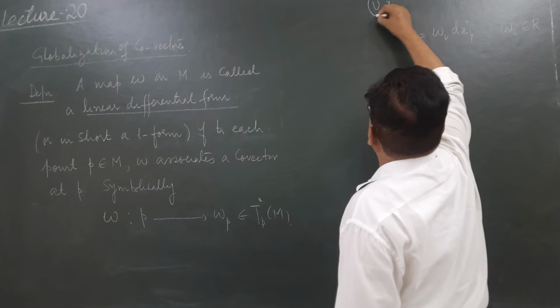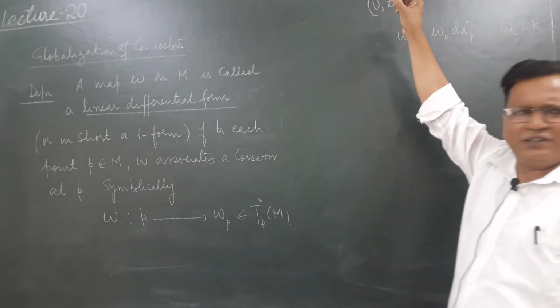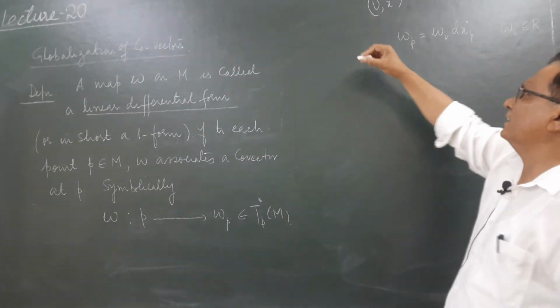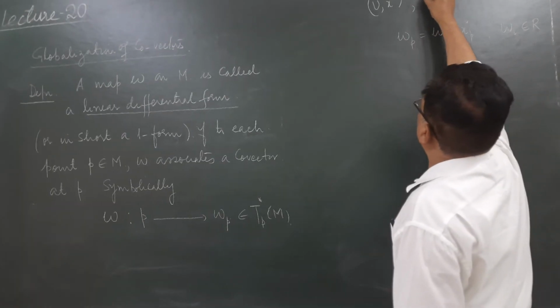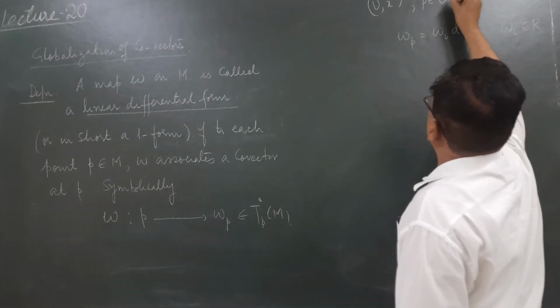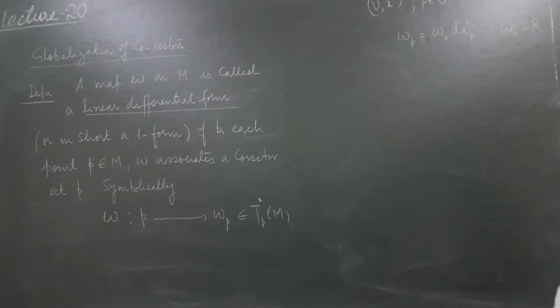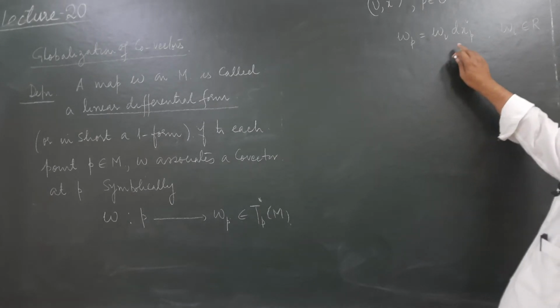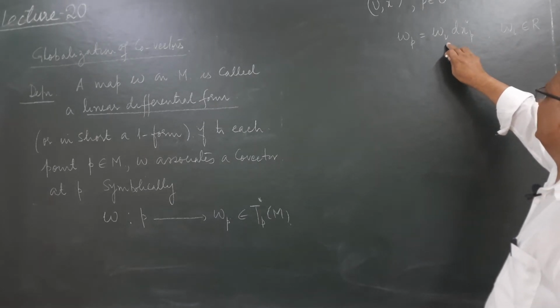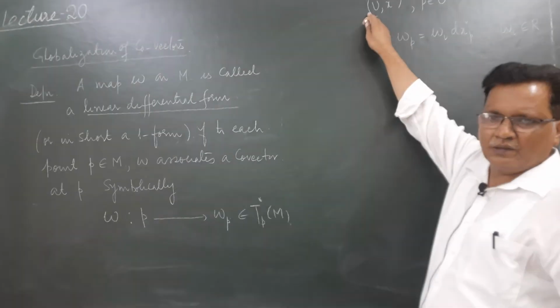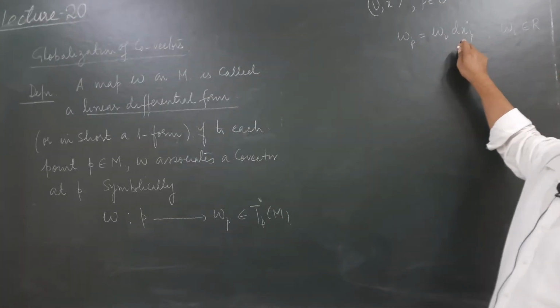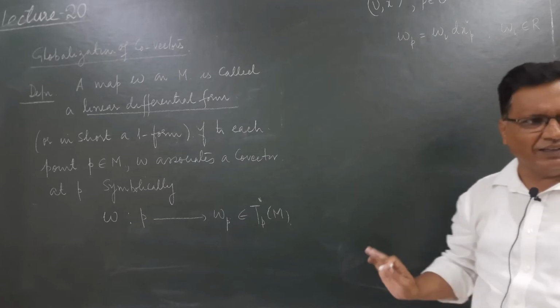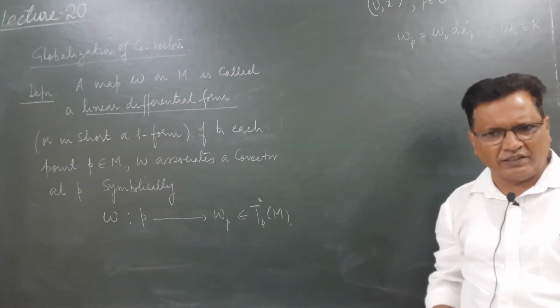U, xi is a coordinate neighborhood. All these things are understood. I don't mention them again and again, but these are the things which you know. It is also obvious, because these coordinates are available only on U and the dxi's appear here, so this expression is valid only on the coordinate neighborhood U.